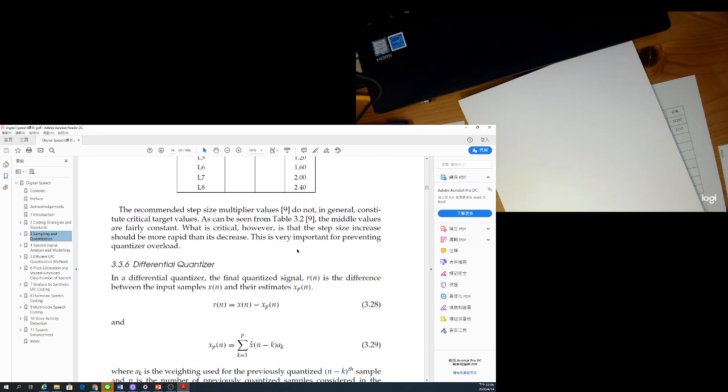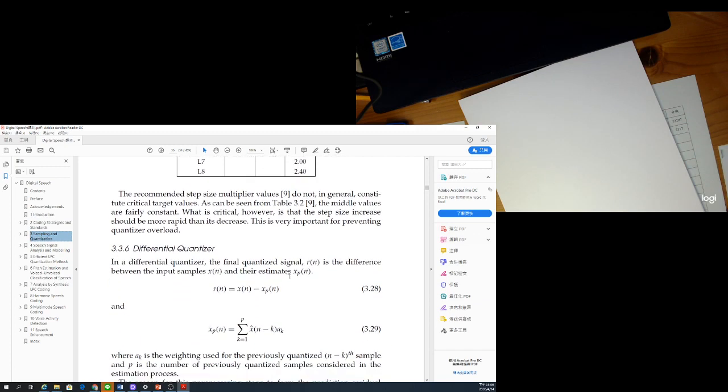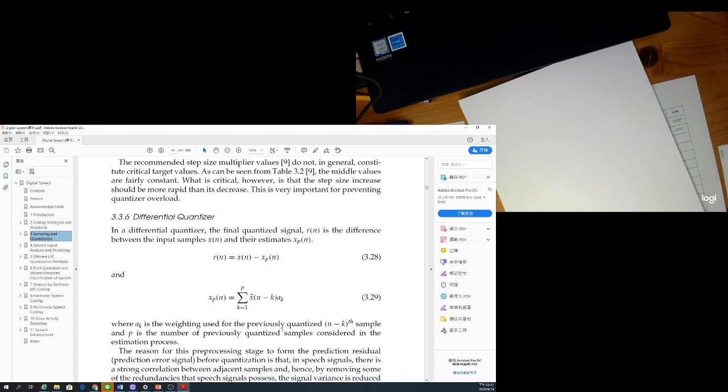Okay, so the differential quantizer is based on previous prediction of the signal. So we are based on prediction. The prediction can be based on your decoded signal multiplied by a coefficient.